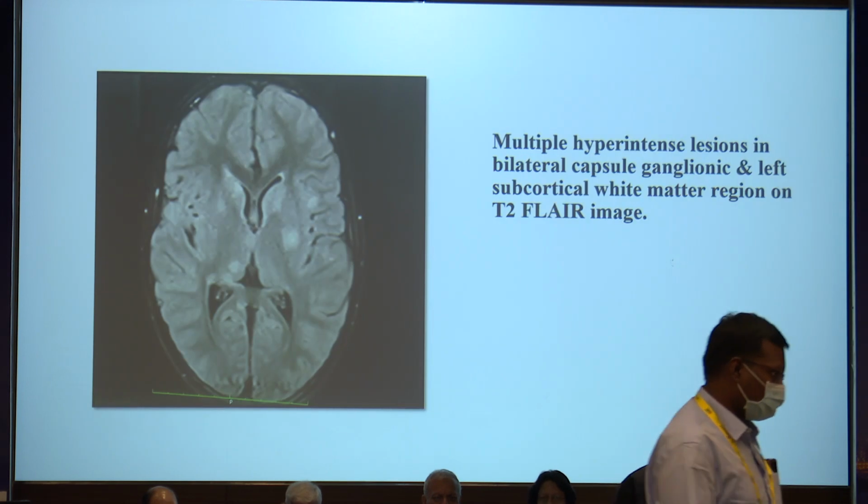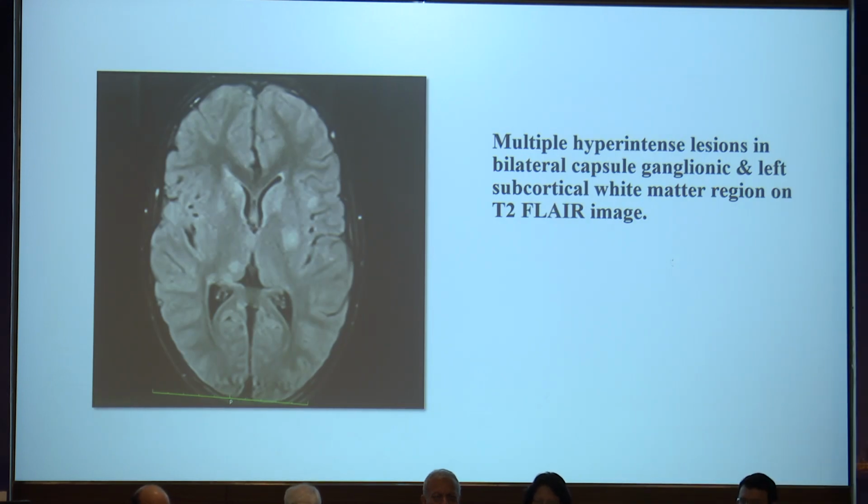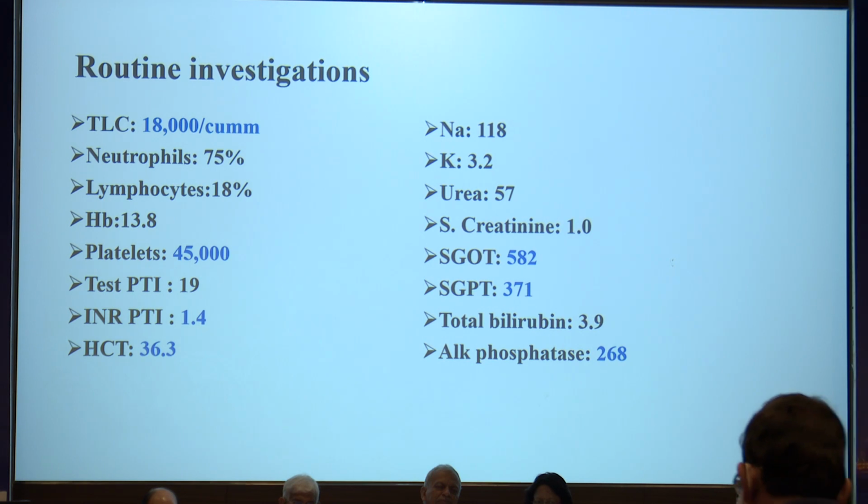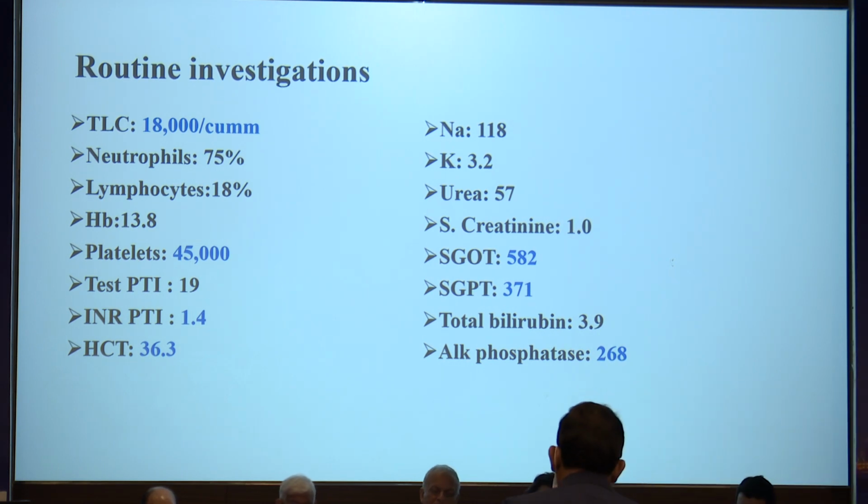Multiple hyperintense lesions were present in the bilateral ganglionic and left subcortical white matter region on T2. Dynamically, the TLC was 18,000 per cubic millimeter, and the platelets were 45,000 after that.